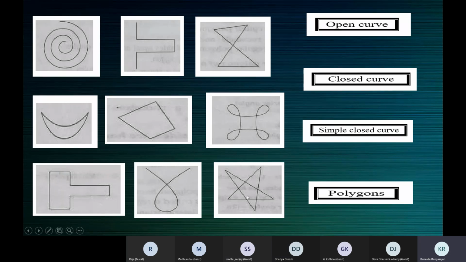So it's not a simple closed curve, and it cannot be a polygon. A polygon should satisfy two things. It should be a simple closed curve, and it should be made up of only line segments.